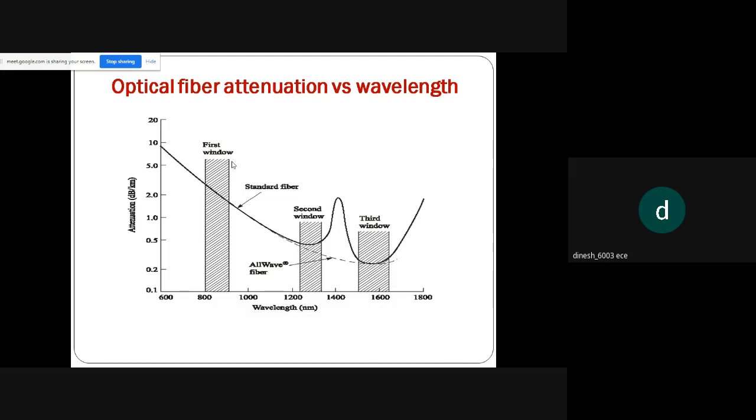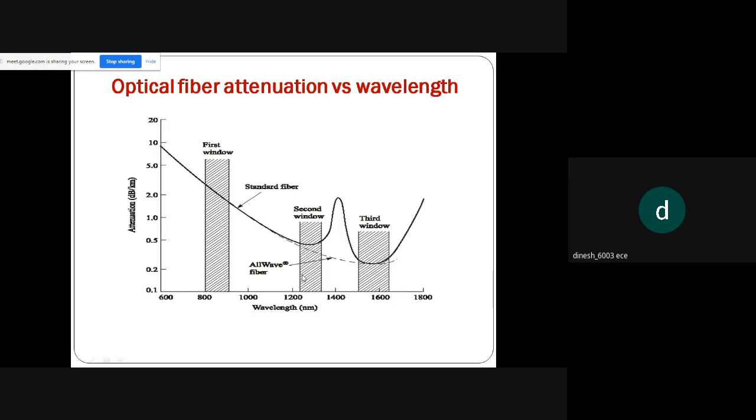Then they shifted to the second window due to the evolution of technology, moving towards higher wavelengths.